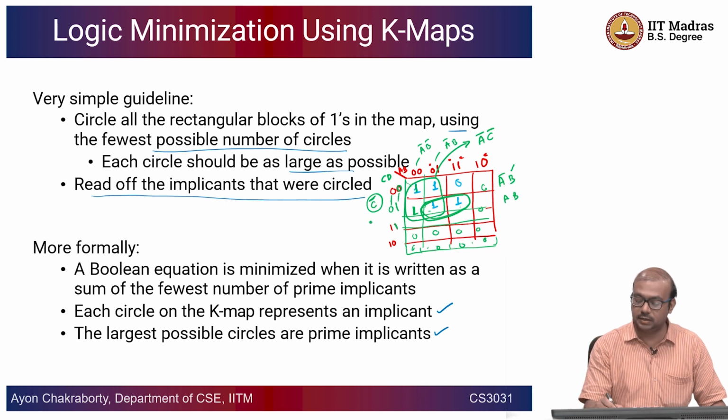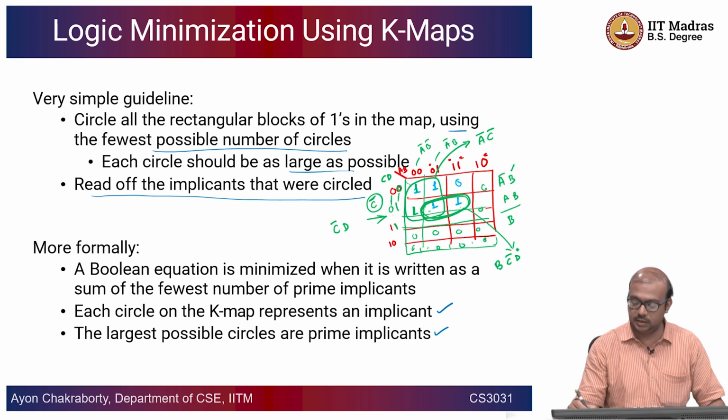And if you look at this particular row, it is 0 1, which means C bar and D, okay. So C bar, D, and then from the top side, A bar vanishes, so this is only B, okay. So this becomes B, C bar, D, okay.